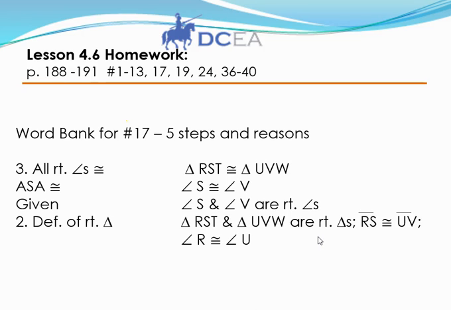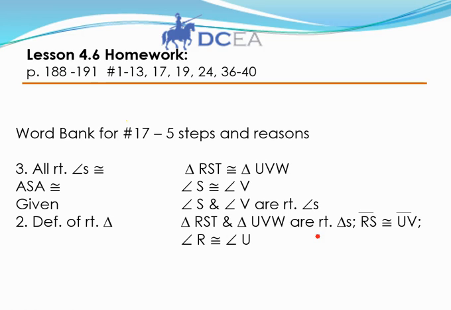Sorry, skipped a slide there. So your homework for this lesson is numbers 1 through 13, number 17, 19, 24, and some of the cumulative review, number 36 through 40. Be sure to do the cumulative review. It's important for the next lesson. I have a word bank for number 17. I tell you that you have 5 steps and reasons, and I have also numbered 2 of those steps.